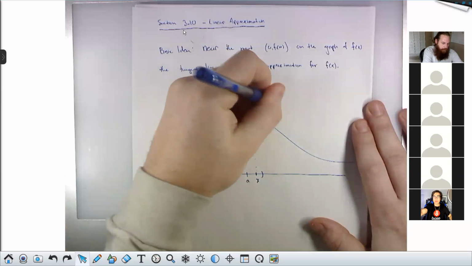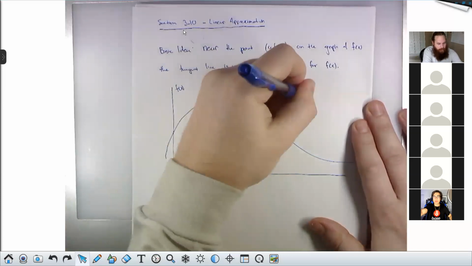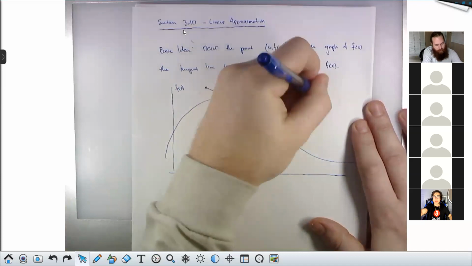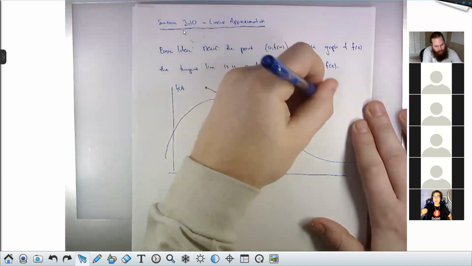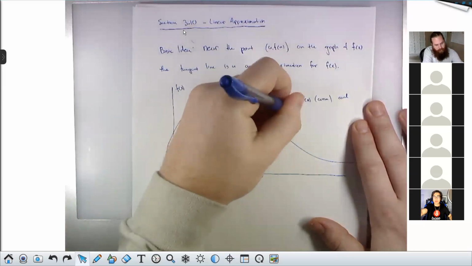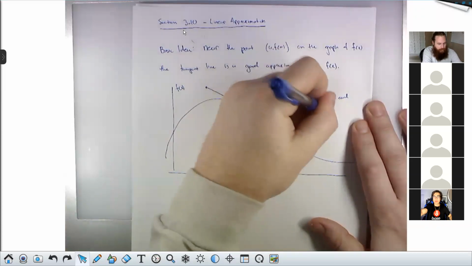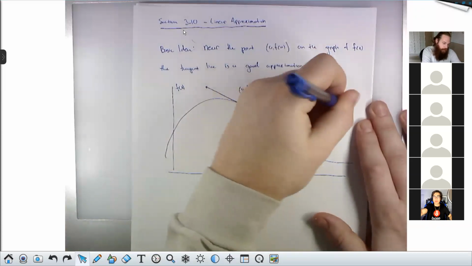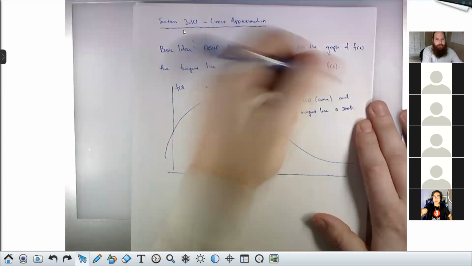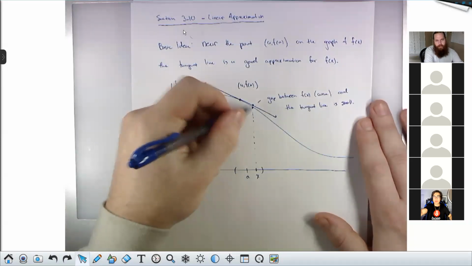The gap between f of x, the curve, and the tangent line is small, right? There's just a tiny, tiny little gap in there.